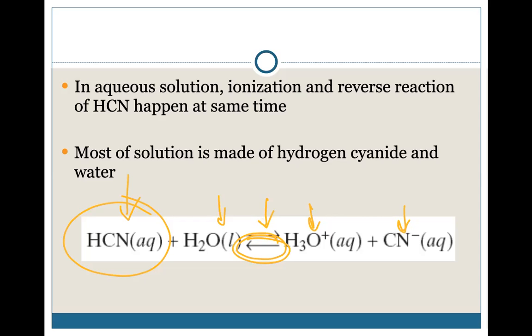But we should already understand that equilibrium occurs when you have a reversible reaction. Let's go back here. When you have a reversible reaction, you're going to have equilibrium because you've got two opposite processes occurring. Eventually, those processes are going to occur at the same rate, and that is when equilibrium occurs.